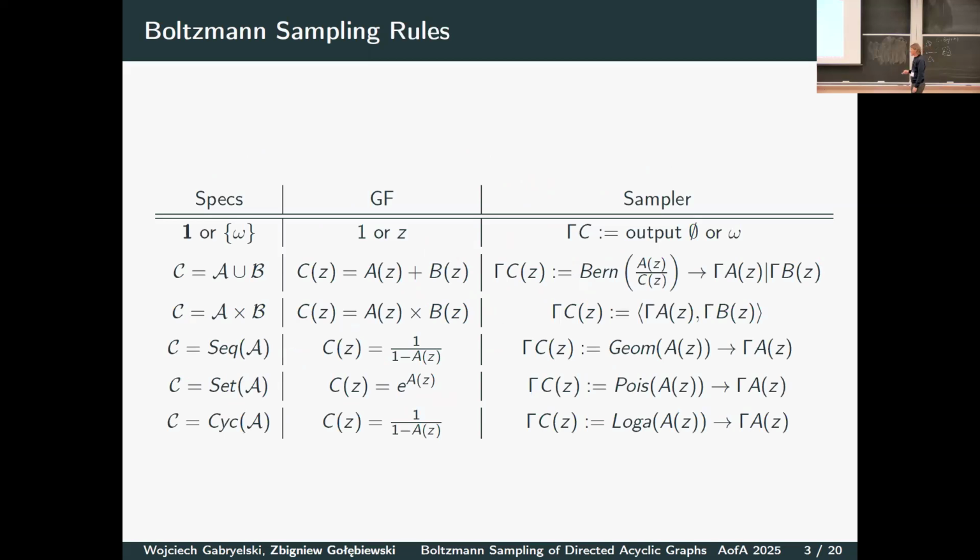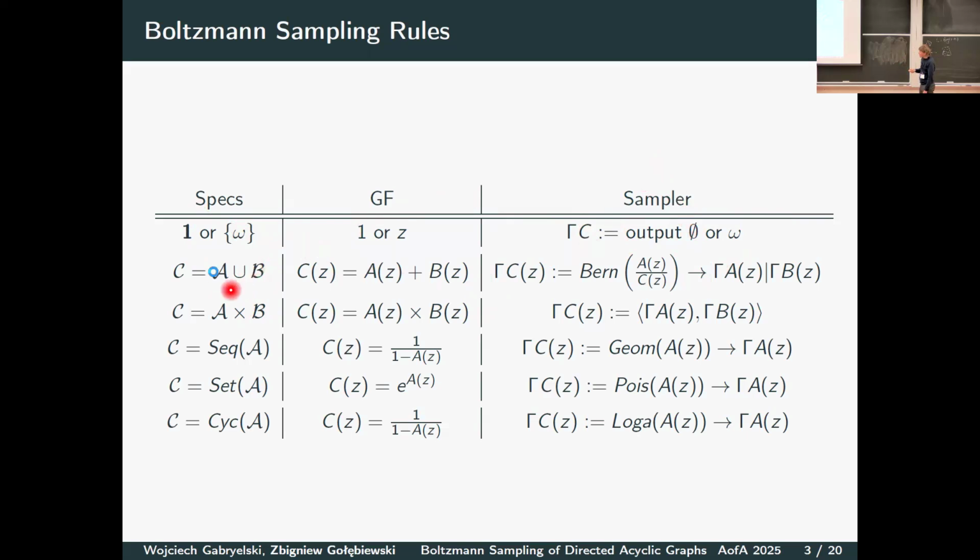Okay, so in this 2004 paper, the authors give rules for how you should sample structures that are described by a set of rules. Starting with the simplest case, if you have an empty structure or a one-element structure, you just output this empty set or this element.